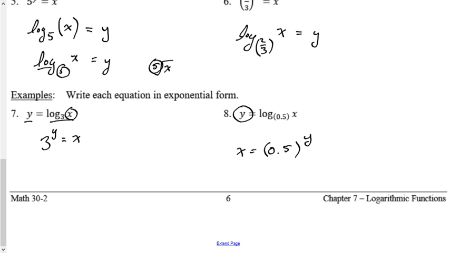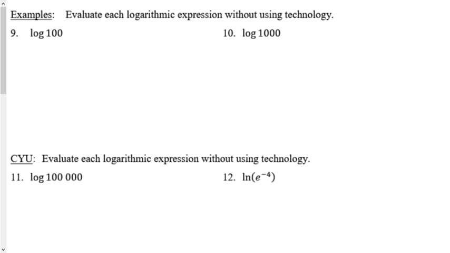Let's try a couple more. We want to evaluate these without using technology. We could plug it into our calculator, but we should be able to do it without a calculator as well. Remember, if there's no base written here, there's an invisible base of 10. That's the common logarithm.